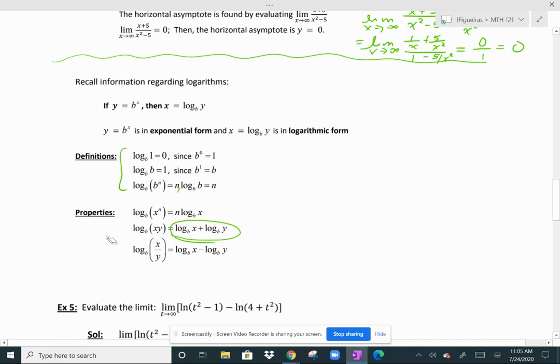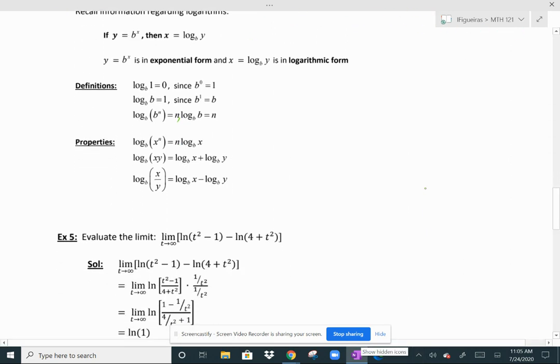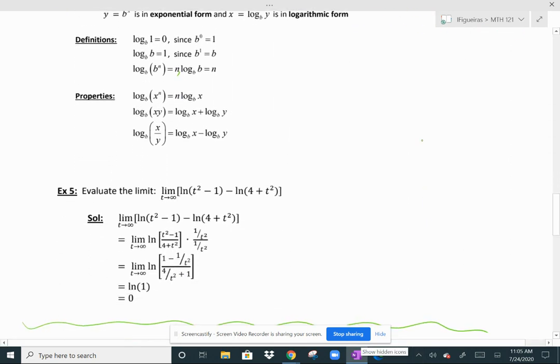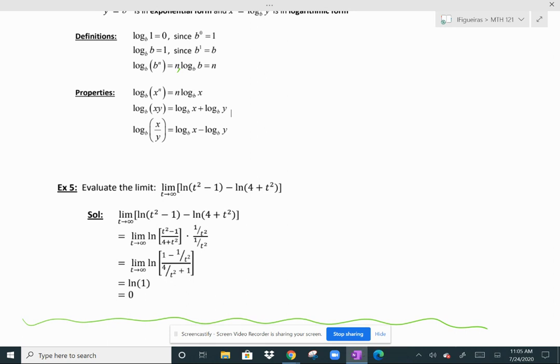The same is true for a quotient. Products and quotients are opposite operations, as are sums and differences. So the log base b of x divided by y is equivalent to the log base b of x minus the log base b of y. We're going to use one or more of these properties or definitions to evaluate this limit.